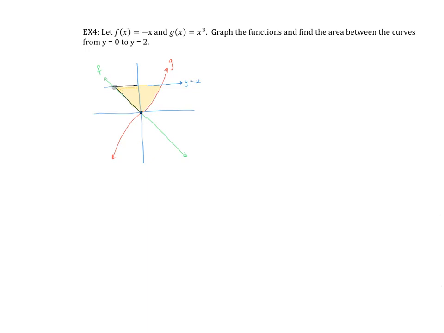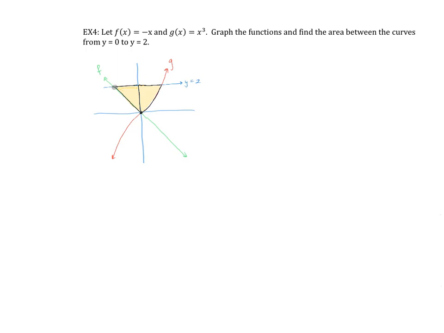And then after 0, it changes. The upper function is still y equal to 2, but the lower function becomes our g function, the x cubed. So I would have to break this up into two integrals and add them together to find the total area.